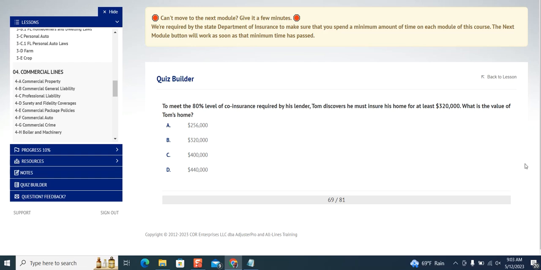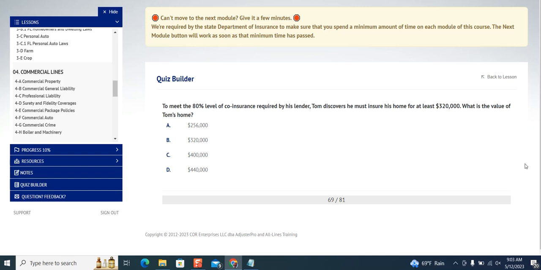Oh my God. Bunch of big numbers. To meet the 80% level of co-insurance required by his lender, Tom discovers he must insure his home for at least $320,000. What is the value of Tom's home? I got that word again, co-insurance. Okay, so the answer on the last one had to be reinsurance then. Co-insurance, reinsurance. Okay, now I should have got that right.